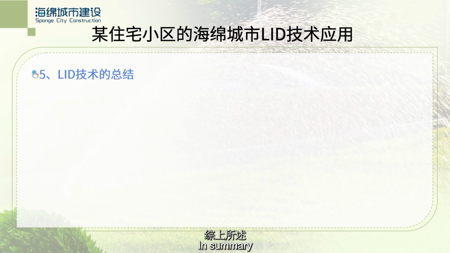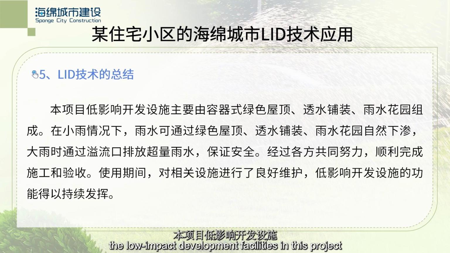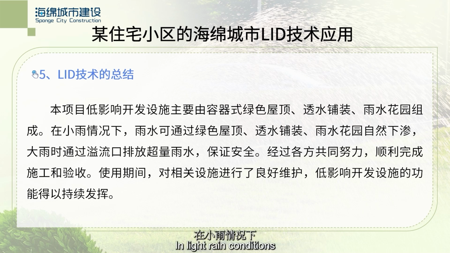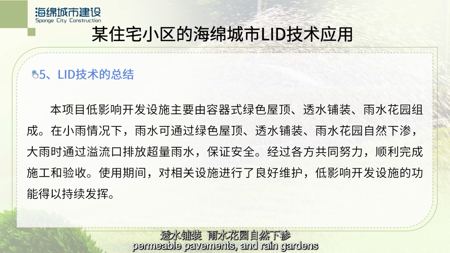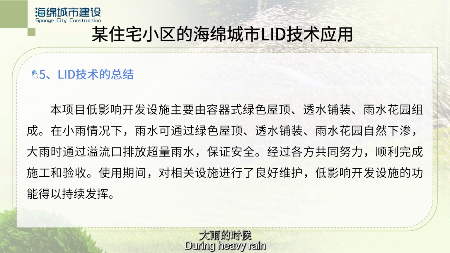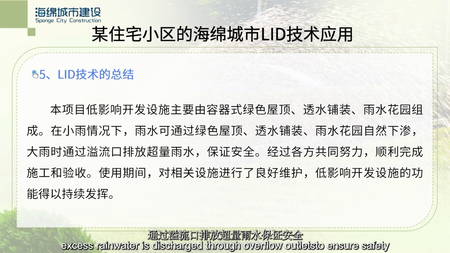In summary, the low-impact development facilities in this project mainly consist of container-based green roofs, permeable pavements, and rain gardens. In light rain conditions, rainwater can naturally infiltrate through the green roofs, permeable pavements, and rain gardens. During heavy rain, excess rainwater is discharged through overflow outlets to ensure safety.